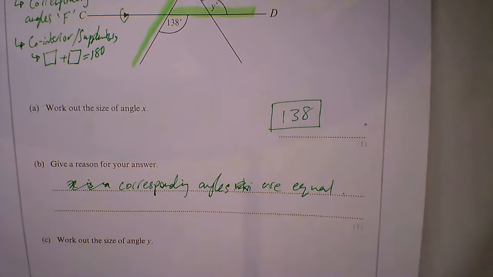This is what we have, the C angle, which is co-interior angles add up to make 180. So 72 plus something gives us 180. 180 minus 72 gives us 108. So our answer for Y is 108.